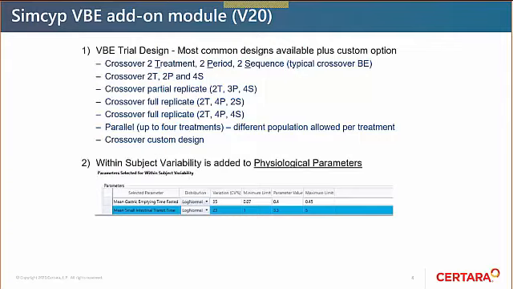They can be incorporated. And then you have the ability to add within subject variability or inter-occasion variability parameters to some of the physiological parameters. And then you can run, and the data are seamlessly transferred to Phoenix for bioanalysis.